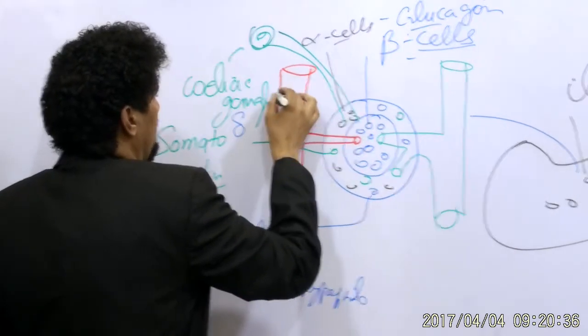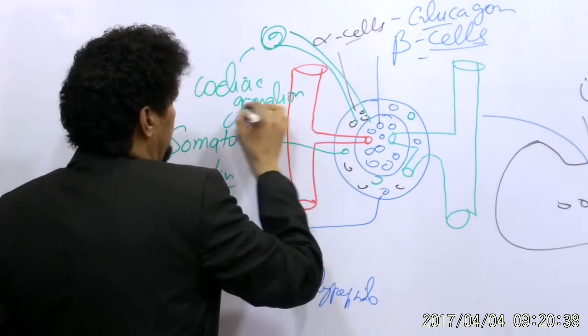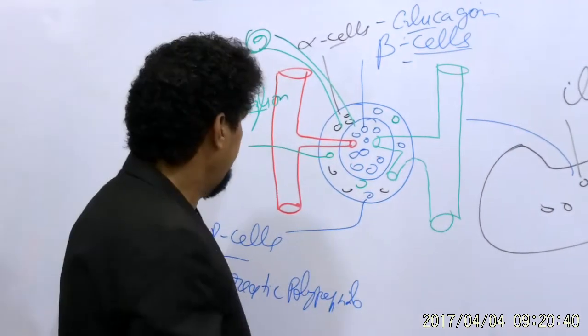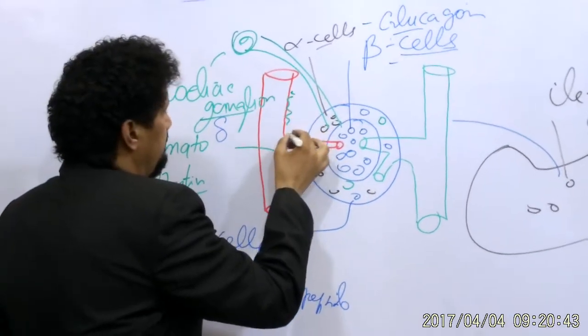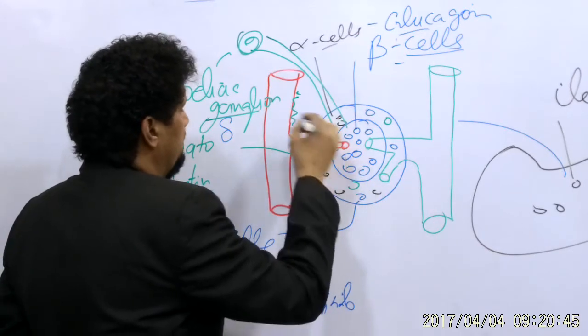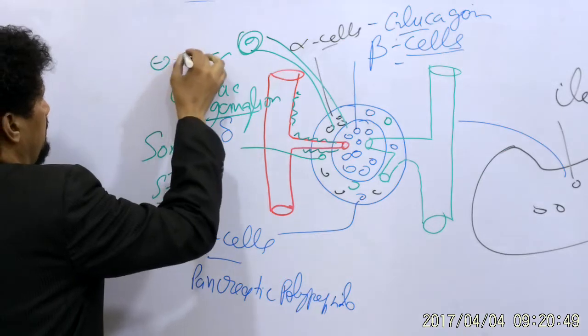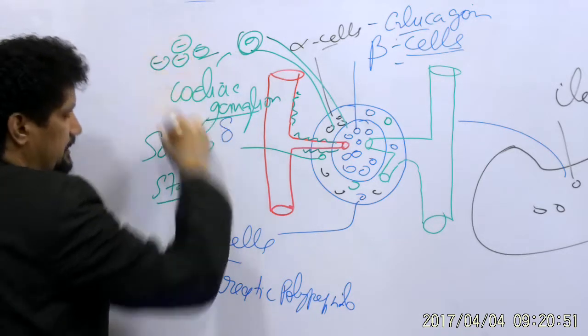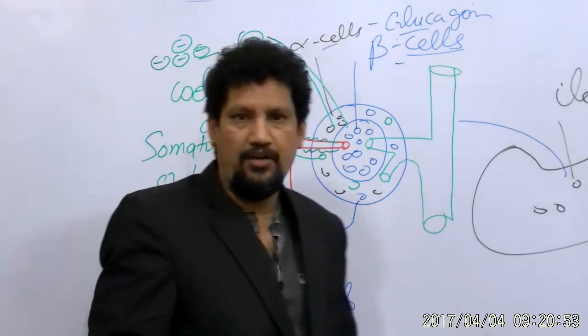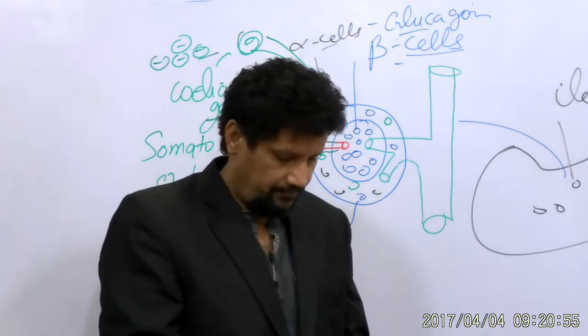These nerves are running with the arteries. These are inhibitory to the insulin secretion and decreasing the secretion of the insulin.